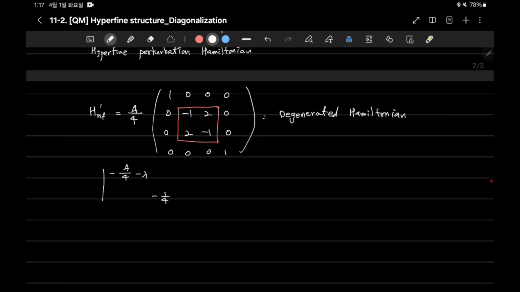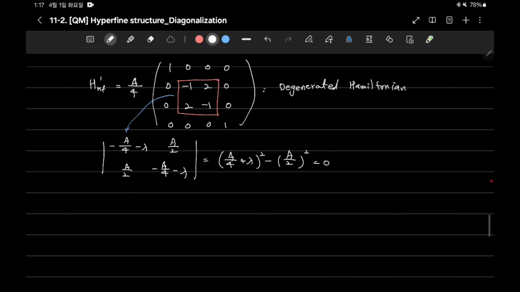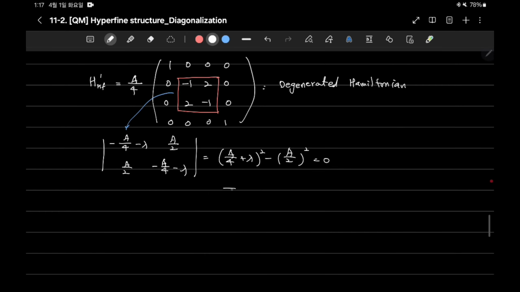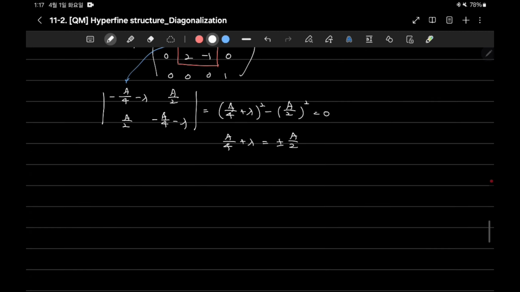Let's think that this degenerated subspace should be diagonalized, minus lambda, and determinant. Then it is here (A plus lambda) squared minus A² should be 0. So it means that lambda equals plus minus half A.